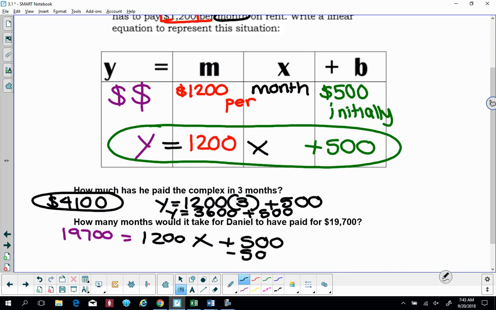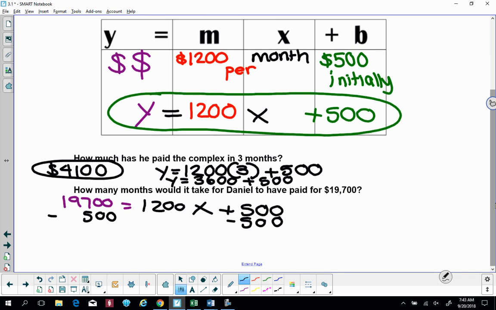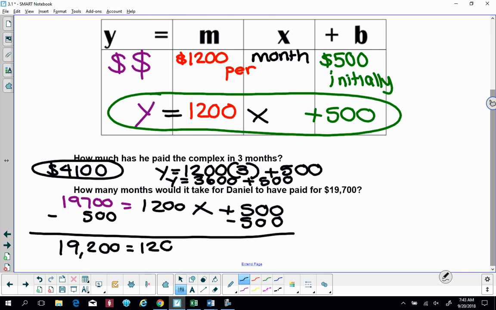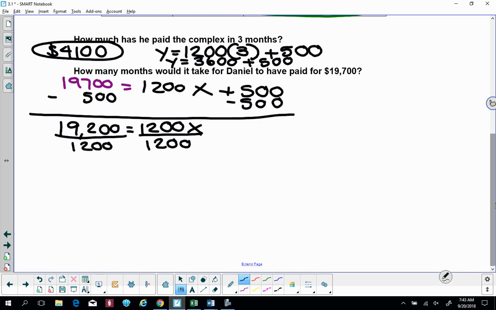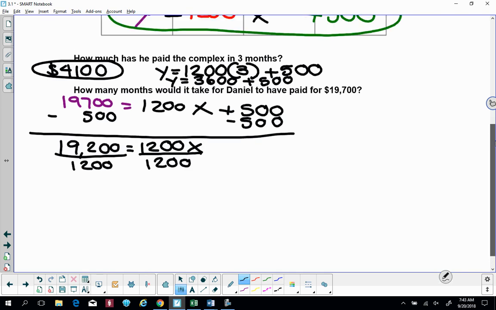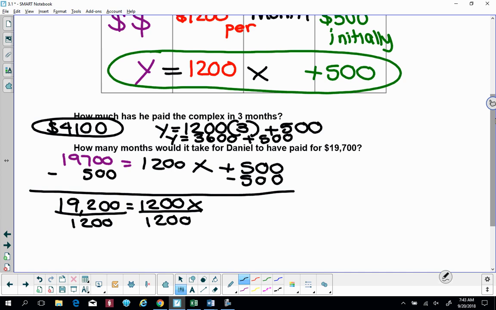Good. Subtract our constant, 500. And you end up getting 19,200 equals 1,200X. Then how do you get X by itself? Divide 1,200 on each side, because that's what's attached to X. And you end up getting, and I'll scroll up, X equals what?